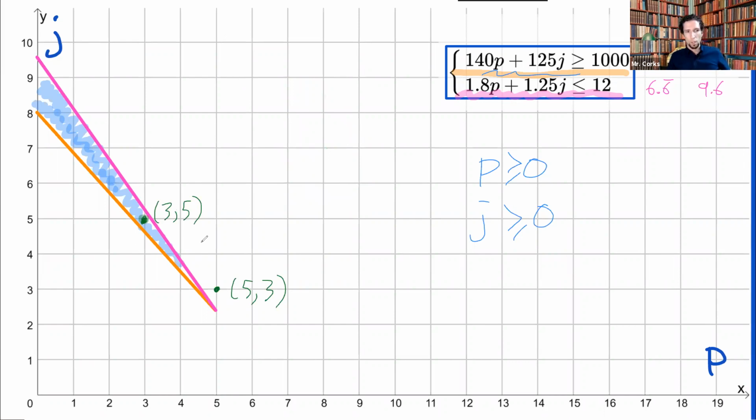Six. We say 5. Okay. Tell me the coordinates of them that you're seeing. P is 5 and J is 2.4 maybe. So 2.4 J.